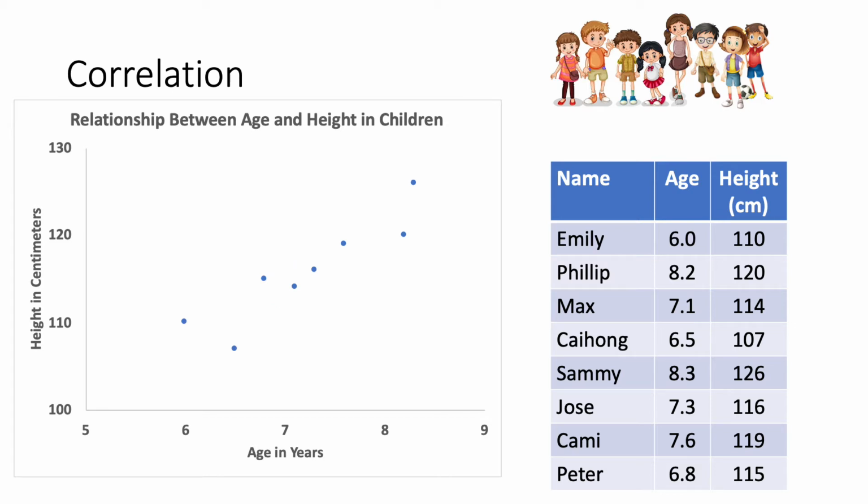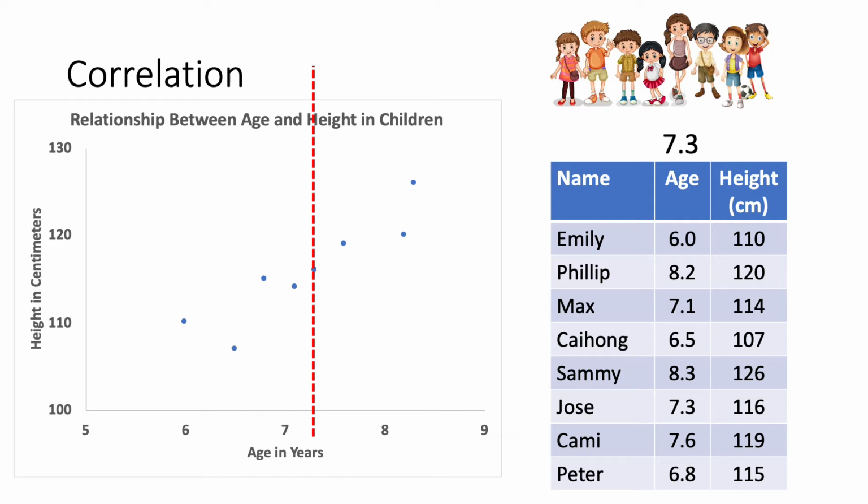Now when I look at this pattern that emerges in the scatter plot, that's what the correlation is all about, this pattern that emerges. You'll notice that as the age of the children increases, their height increases. Makes sense, doesn't it?